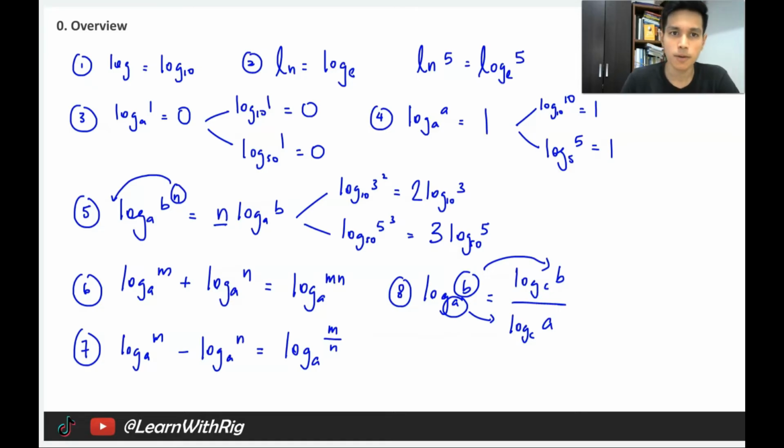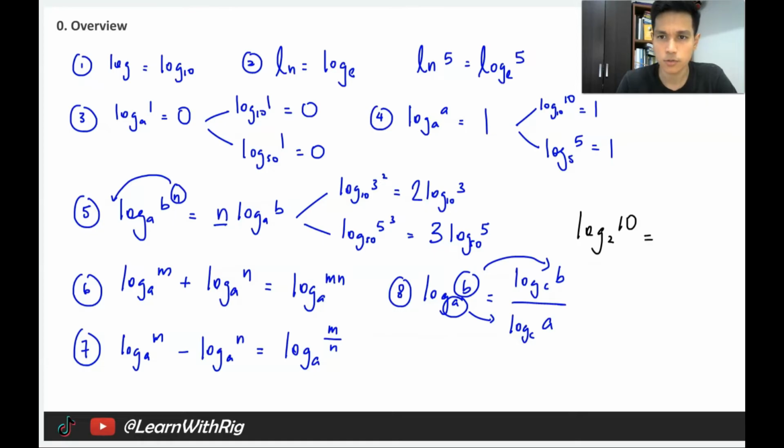When do you apply this? Usually you will encounter questions where they want you to switch the base value. For example, they give you log 5 base 2, or maybe log 10 base 2, and they want you to change this to base 3.